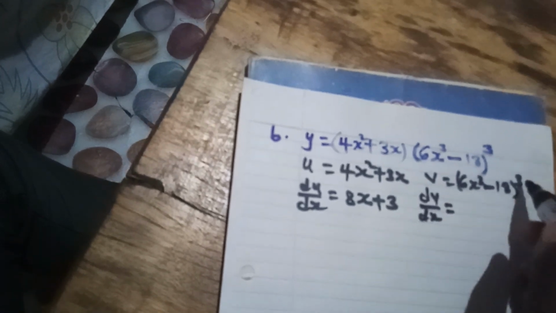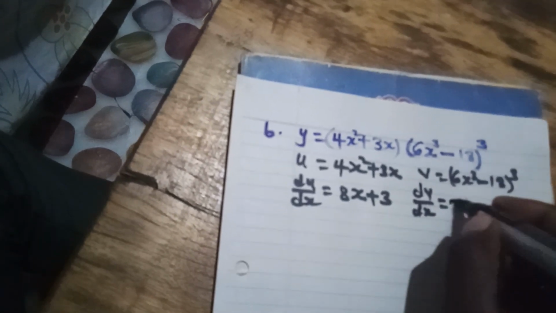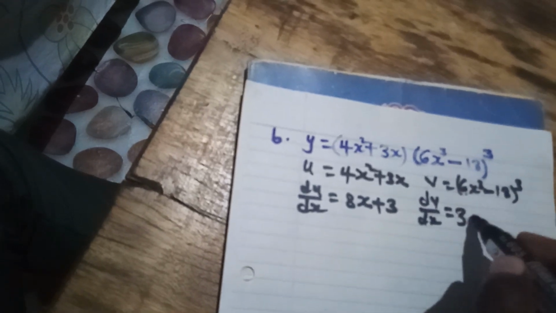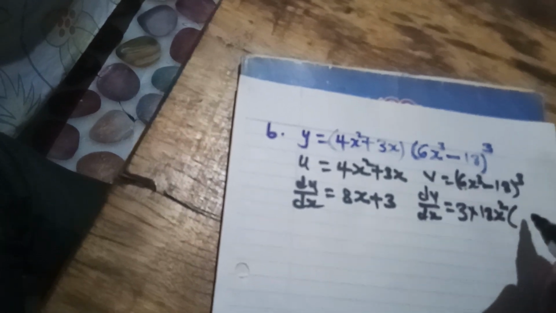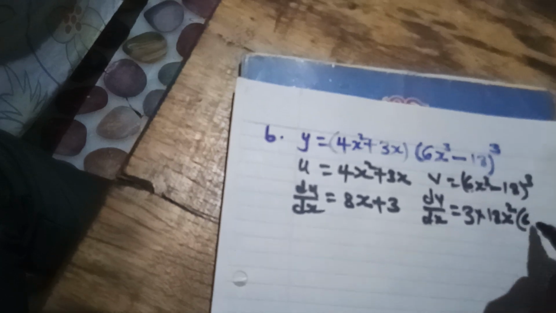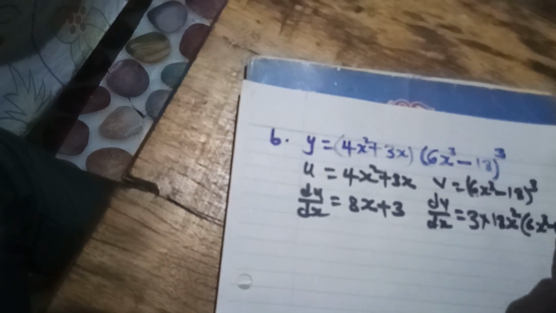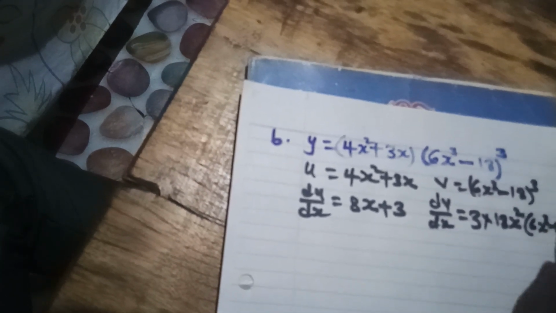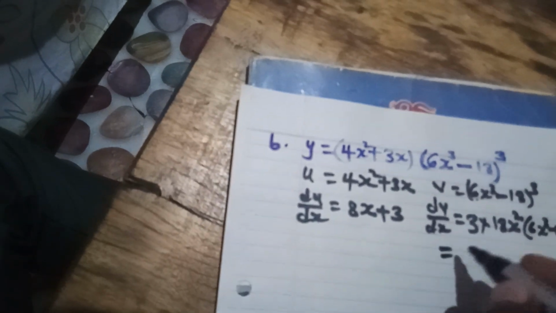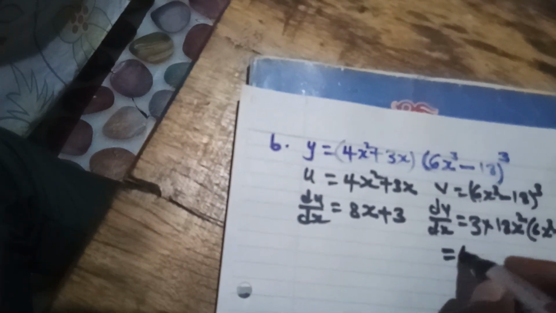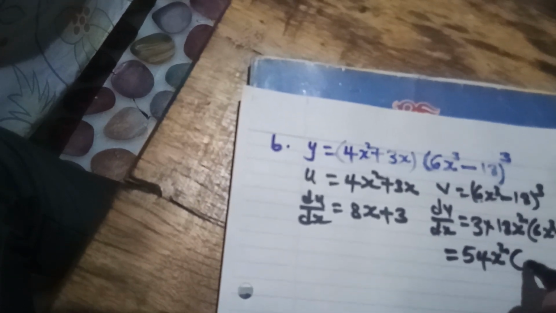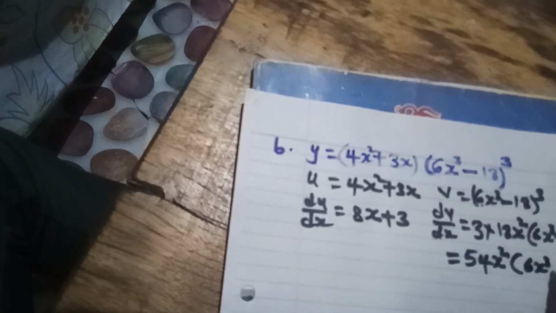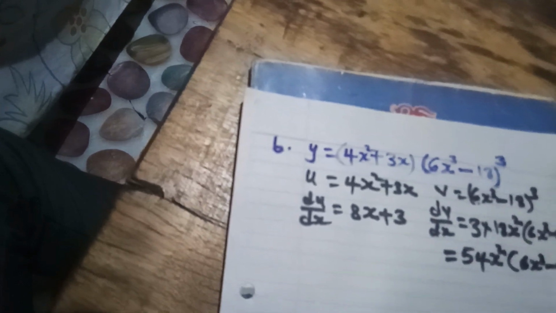We take the power, we differentiate what is in the bracket, which is going to give us 18x squared. Then we repeat what is there, which is 6x cubed minus 18 to the power 2. So when we multiply, this is 54x squared into 6x cubed minus 18 squared.